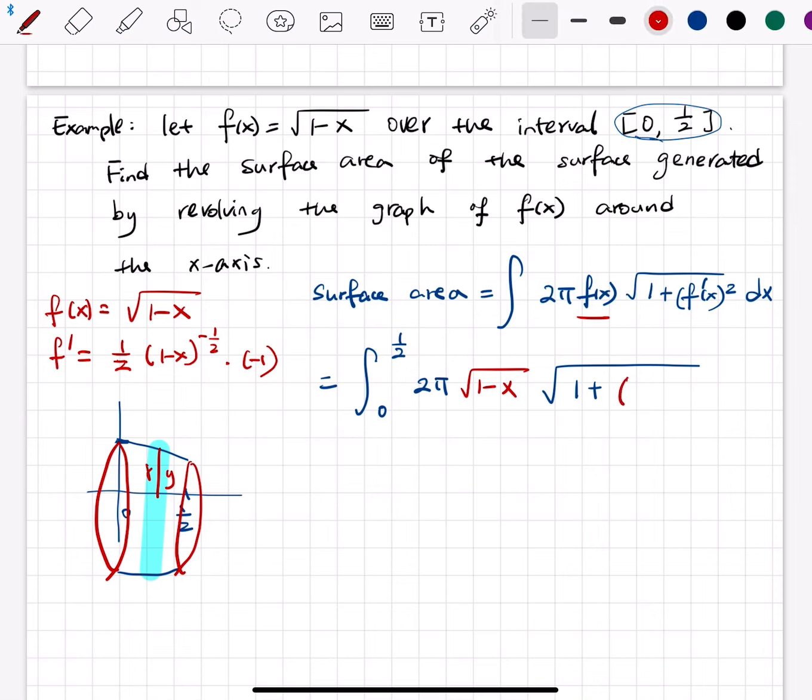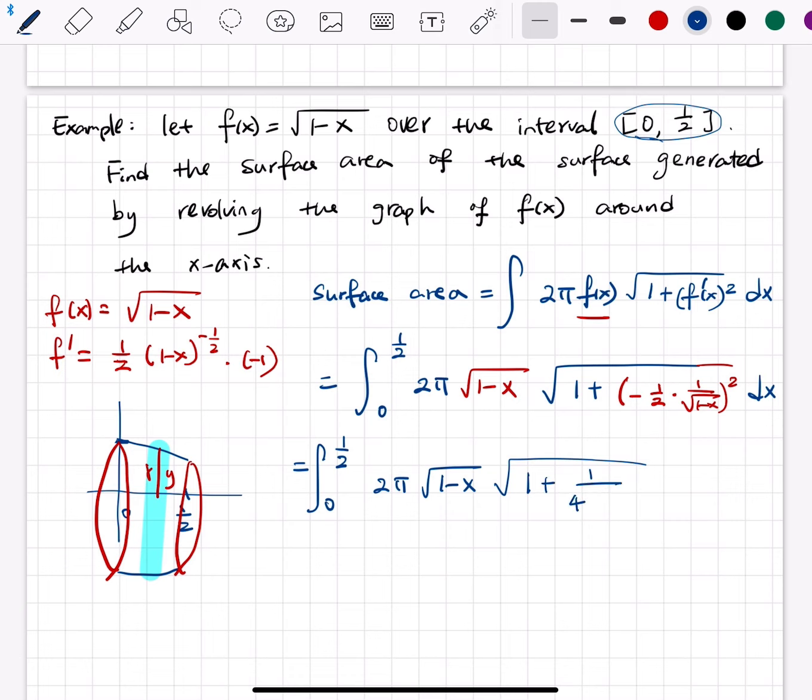So it's going to be negative 1/2 multiplied by 1 over the square root of 1 minus x, squared, dx. Simplified and multiplied a little bit, we got 2 pi times the square root of 1 minus x times the square root of 1 plus 1 over 4 times 1 minus x, dx.